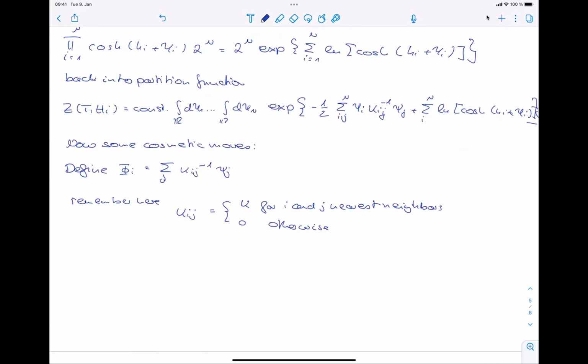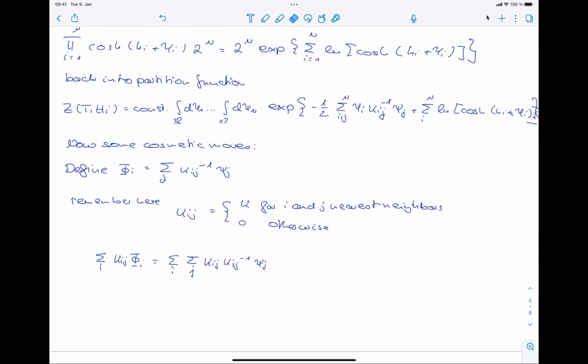And so that means now if I sum over j of K_ij with my new field variable phi_i, I have the sum over i, and now by definition the sum over j of (K_ij minus 1) psi_j.